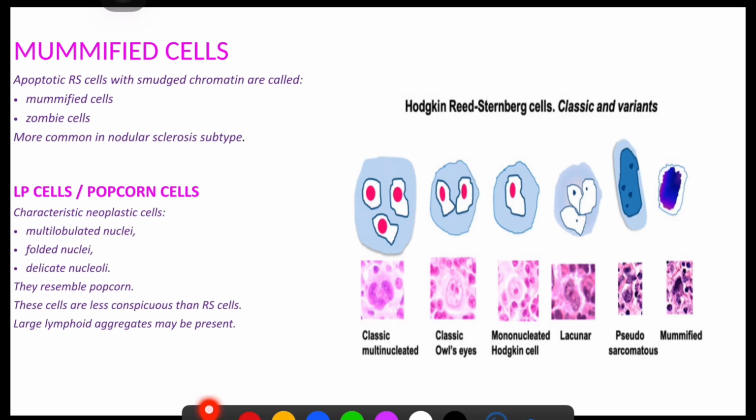Now, these are the variant cells. One is mummified cells, or it is also called zombie cells, which is nothing but the apoptotic RS cells. So, here you can identify pink and bluish, or eosinophilic and basophilic, pyknotic nuclei and loss of cytoplasm, and more common in nodular sclerosis subtype.